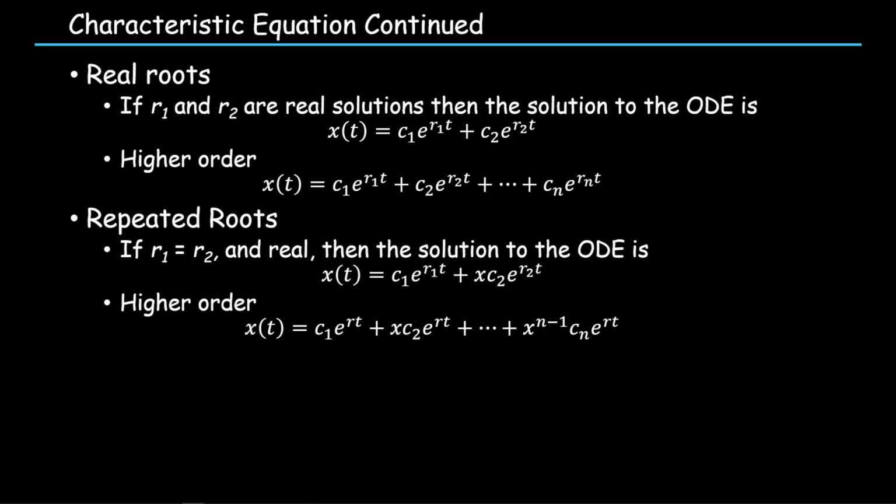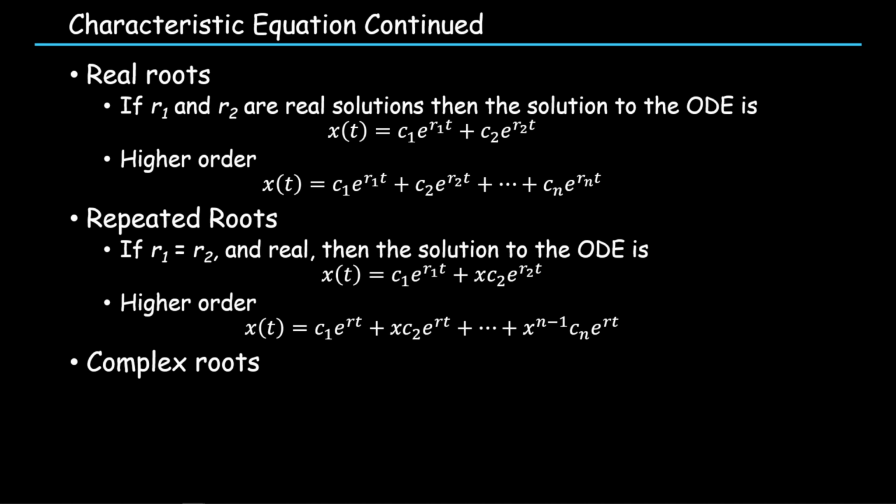For higher order, it will be x of t equal to C1 e to the rt plus t times C2 times e to the rt, all the way to t raised to the n minus 1 times Cn e to the rt. And because it is repeated roots, r is equal to r1 or r2.